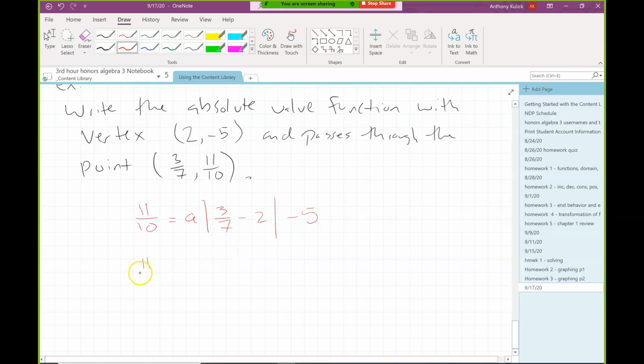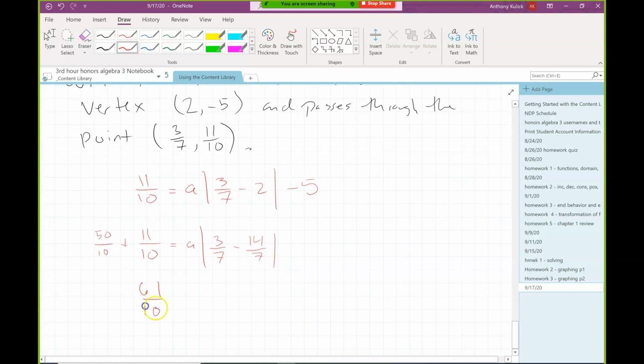So we'll start by adding 5 to both sides. To add 5 to 11/10, we need to make a common denominator of 10. So that's going to be 50 over 10. Subtract 2 from 3/7. Again, we'll make a common denominator. That common denominator would be 7.